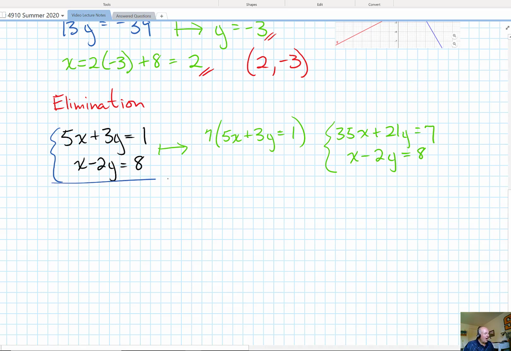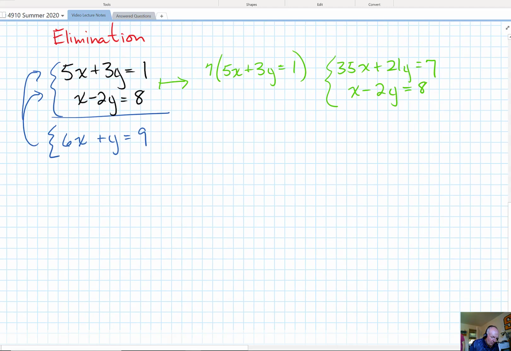So just looking here, if I just were to add these two equations, I'd get a third equation. And if I use this to replace one of my original equations, I get a new system, but it has the same solutions. Okay, so I can add equations together, and I can multiply one or both equations without changing the solutions.